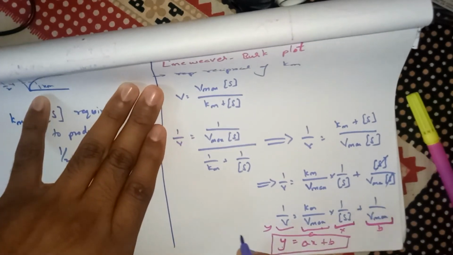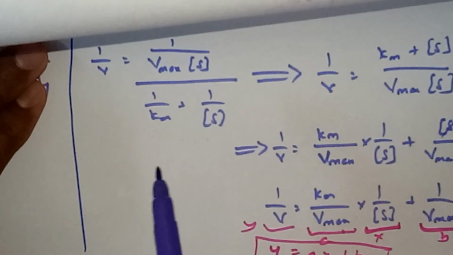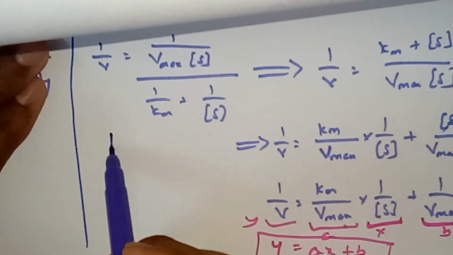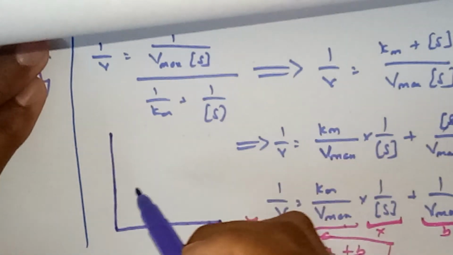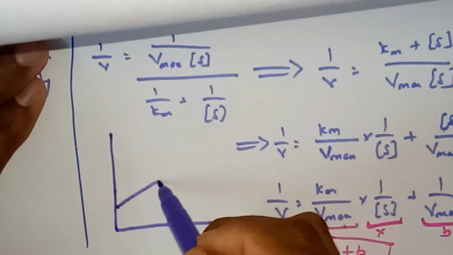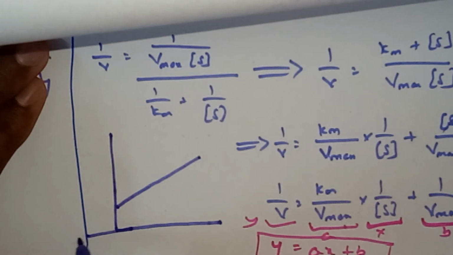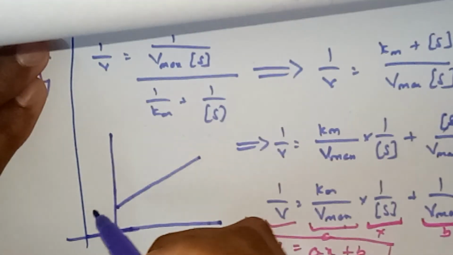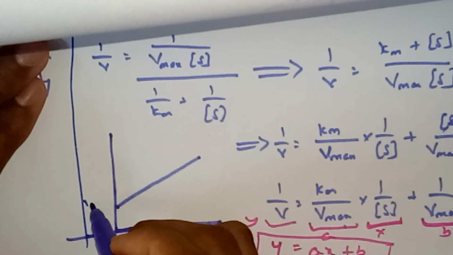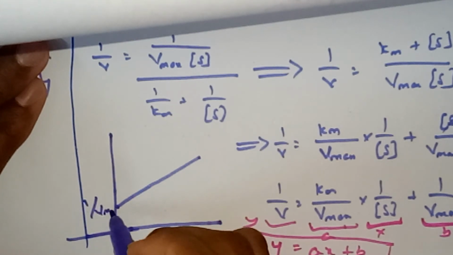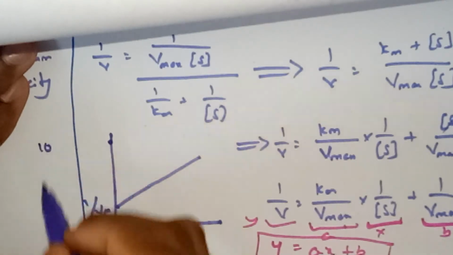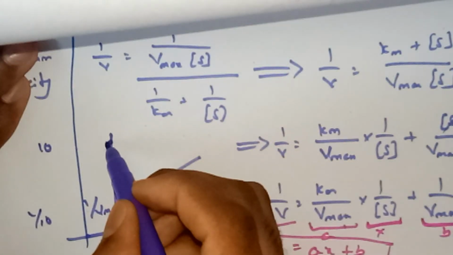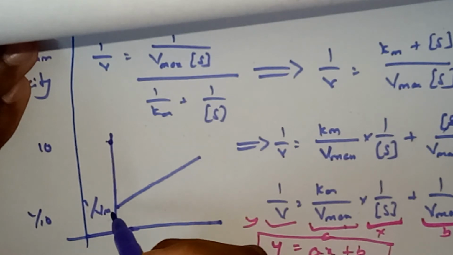As per this, we need to get a graph. So this is 1 by Vmax. Normally V will be here, but 1 by V, the reciprocal of it, is here. Suppose this is 10 and here it will be 1 by 10. Similarly here Vmax, here it is 1 by Vmax.